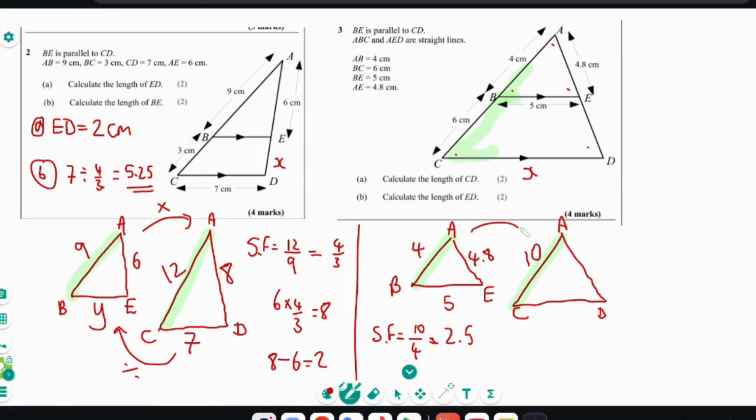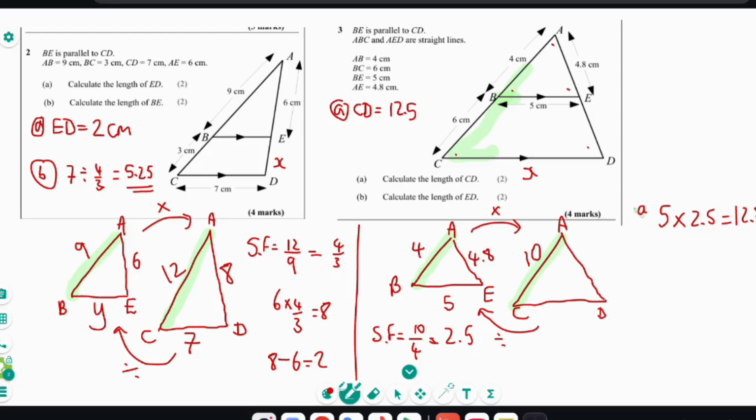So from the smaller to the bigger we times, bigger to the smaller we divide. So 5 times 2.5, 12.5. So CD is equal to 12.5.